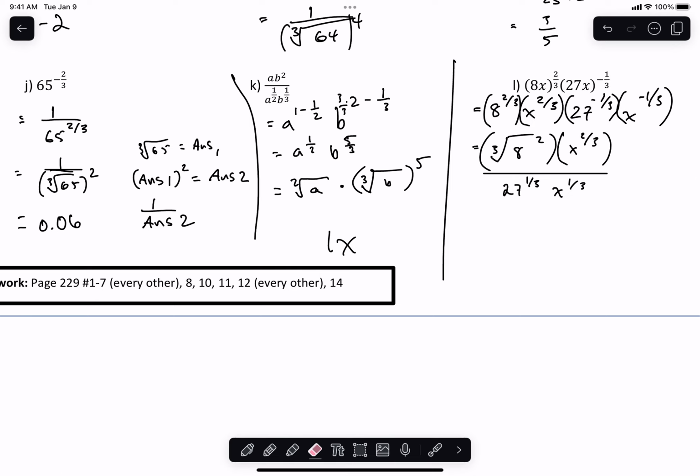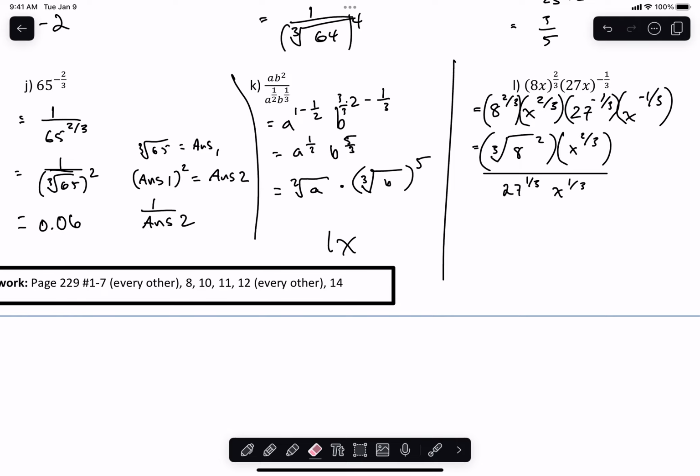Jacob? Why can't you rewrite 27 to the 1/3 as the cubed root of 27? You can. I just didn't want to do that in that step. Is everyone okay if I do that? I just didn't want to do that because I took that negative exponent and turned it into positive first, so everybody didn't get completely lost, how something to the negative 1/3 turned into a cubed root.